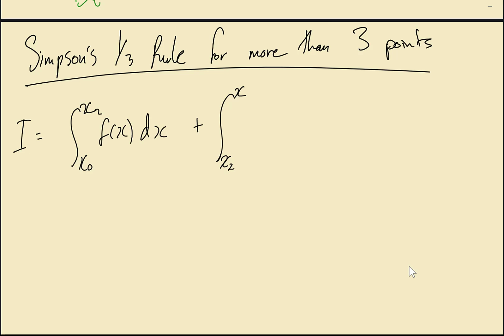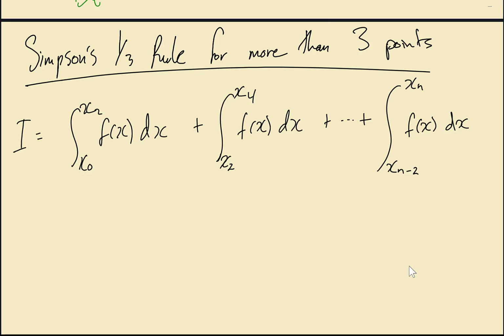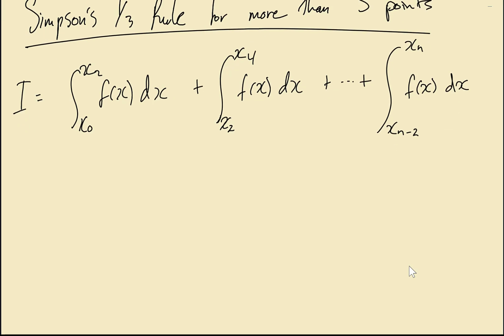So it's 3 points: x2, x3, x4. Plus, actually we can just write the general form now, plus the integral from xn minus 2 to xn of f of x dx. So that's the general form.